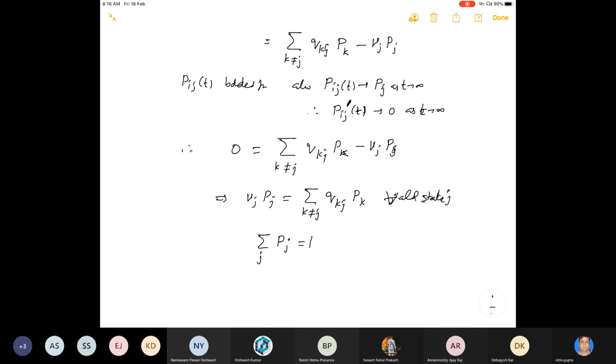These two equations are used to solve for the limiting probabilities or steady state probabilities.